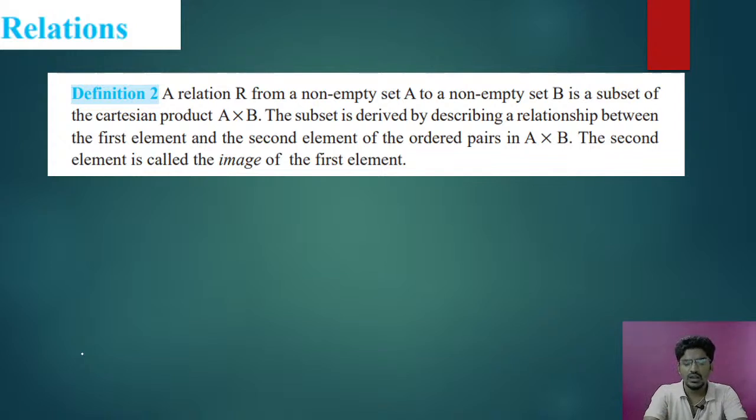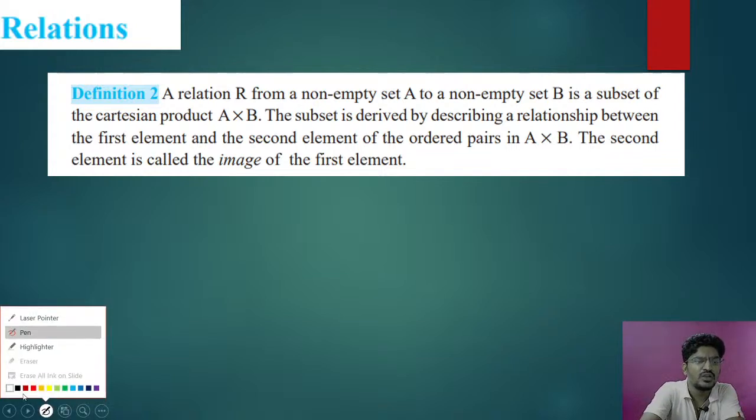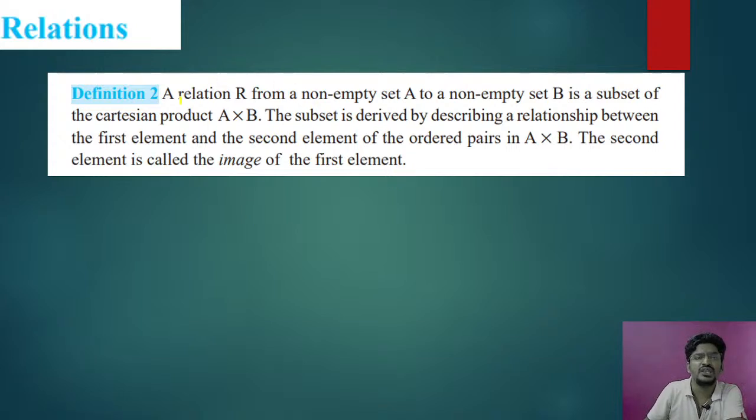Okay. So see here, reading the definition and going forward is not a problem. I can do that. But if I do like that, no one will understand anything. For example, let us do that. The very big mistake in mathematics is that they will take this definition and read it: A relation R from a non-empty set A to a non-empty set B is a subset of Cartesian product A cross B. The subset is derived by describing a relationship between the first element and the second element of the ordered pairs in A cross B. Further, the second element is called the image of the first element.